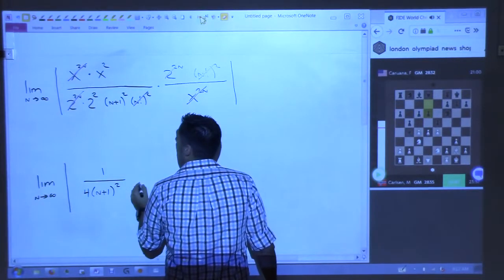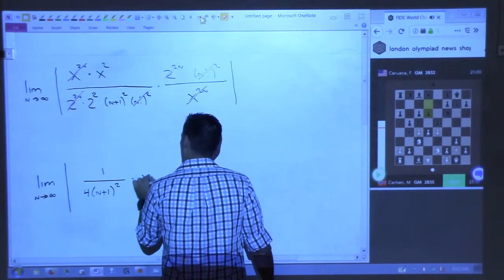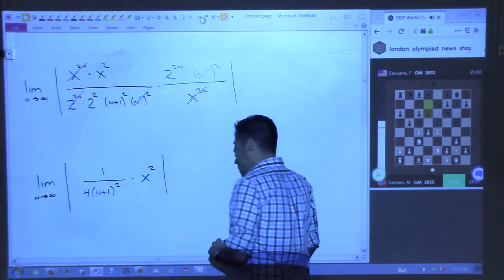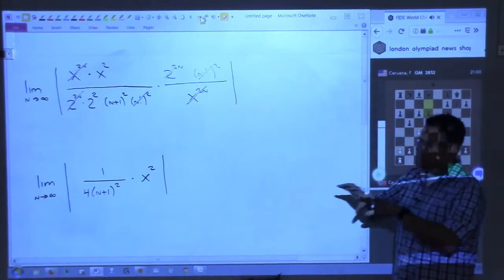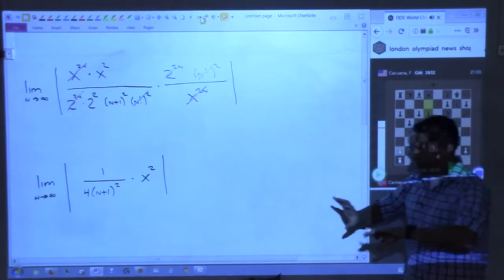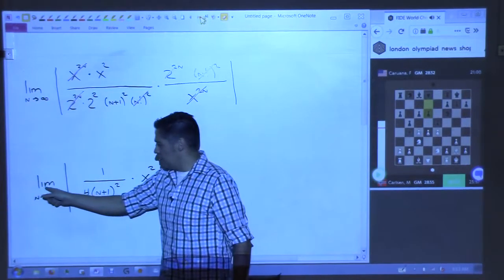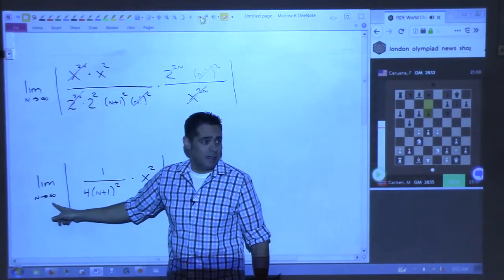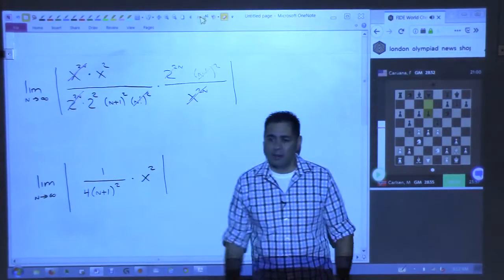And then times x squared. So yeah, I'm splitting it. I'm separating my n's from my x's. And the reason why is because the limit is only having an impact on the n, right? It has nothing to do with the x.